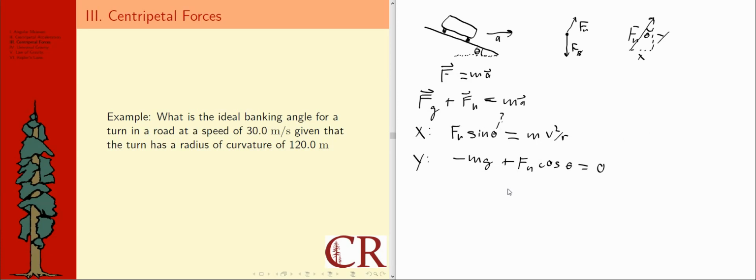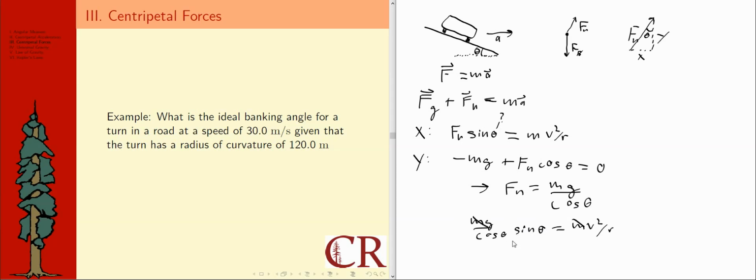Anyway, let's go on and actually solve this, because I think this y equation implies that the normal force is equal to mg divided by cosine theta. Then if we plug that into the x equation, we get mg over cosine theta times sine theta is equal to mv squared over r. We can cancel the m's away.